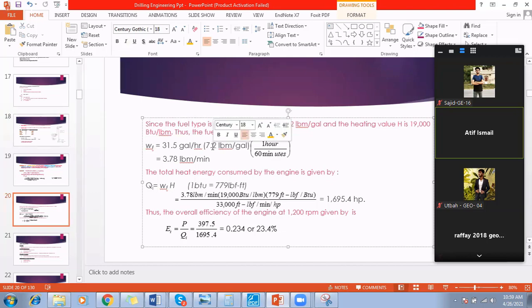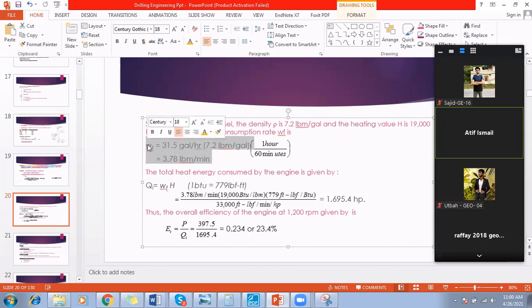After this division, the gallon will cancel with the gallon in the density, and eventually the units will be pound per hour. So you need to convert that hour into minutes. This is the reason you have added this conversion factor.